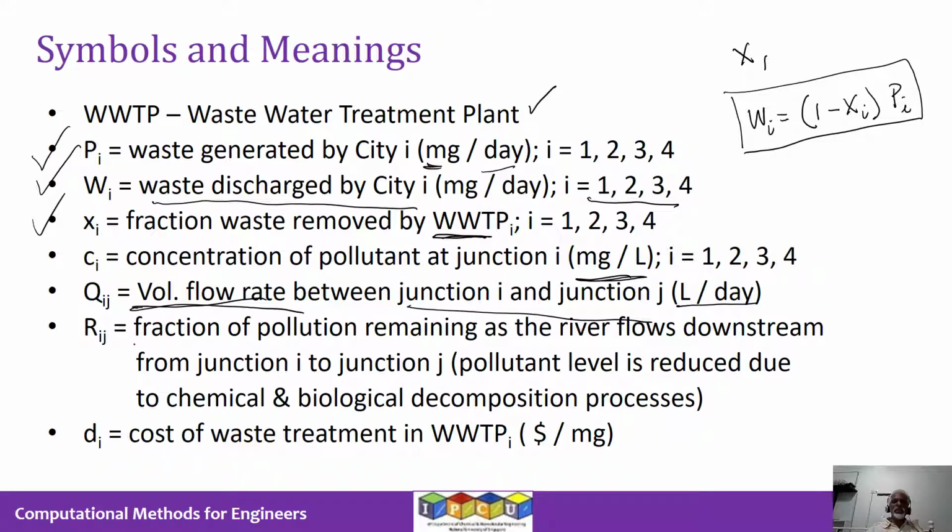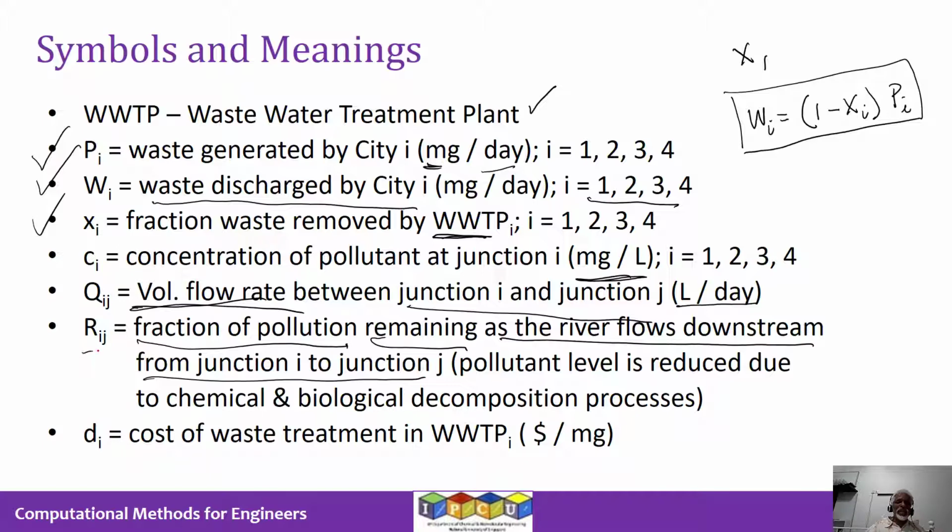Rij denotes the fraction of pollutant remaining as the river flows downstream from junction I to junction J. So I already mentioned the pollutant level gets reduced due to some chemical and biological decomposition processes as the water flows, maybe through the action of sunlight, maybe through the action of microbial organisms in the water. So what happens is as the water flows from junction I to junction J, there is going to be a reduction in the pollutant quantity.